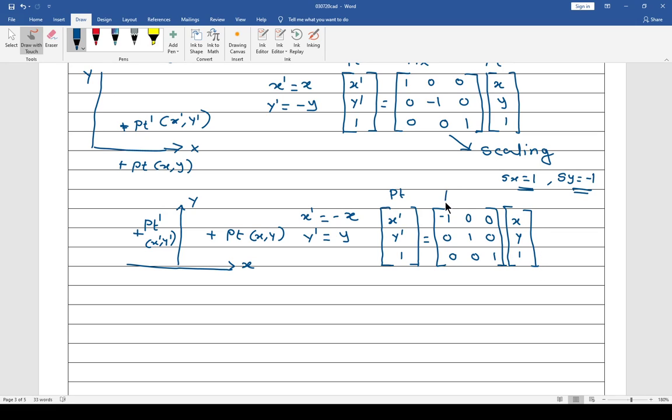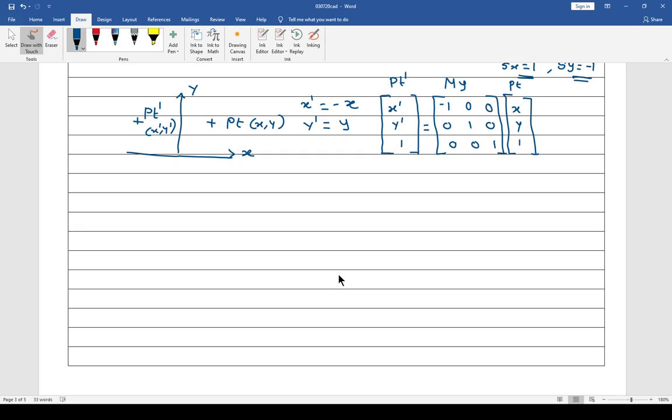So this is my mirroring about y, this is my PT, and this is my PT dash. This is how we get the mirroring about the y-axis. Again, it's a similar scaling factor: you change Sx to be negative and keep Sy as 1, and you will get the same result.